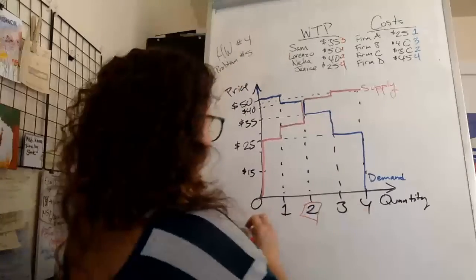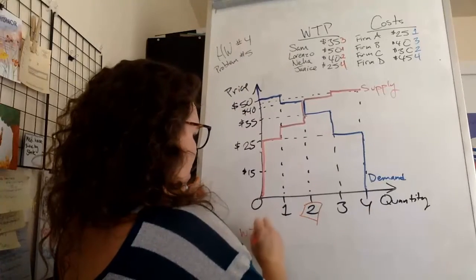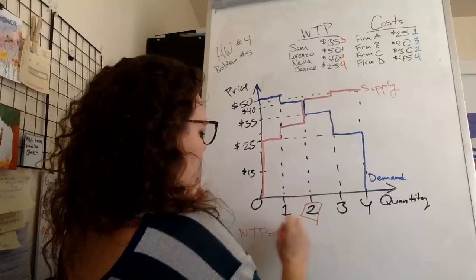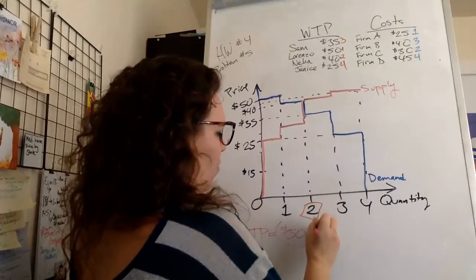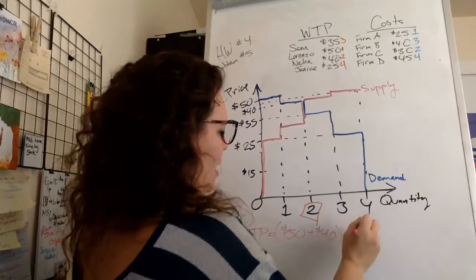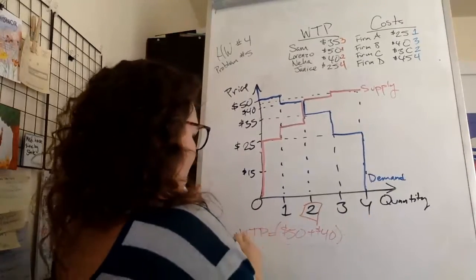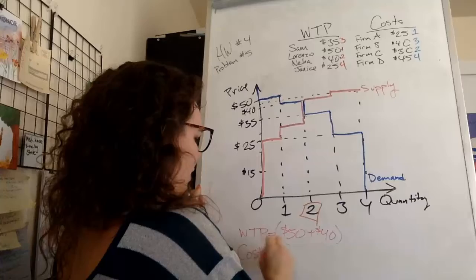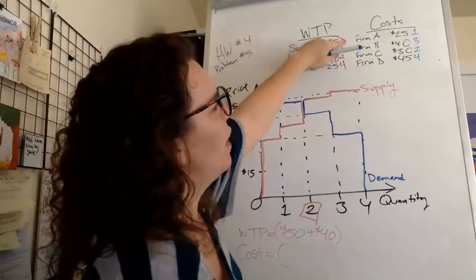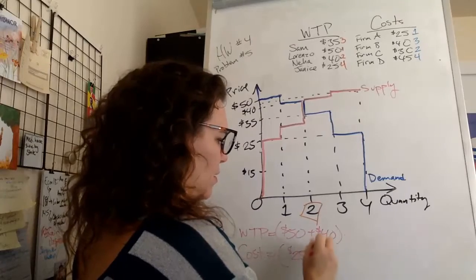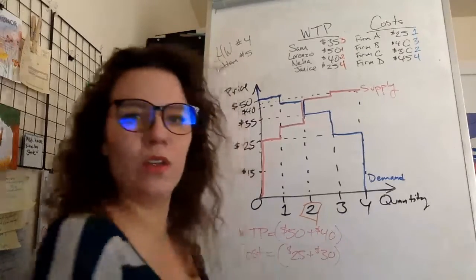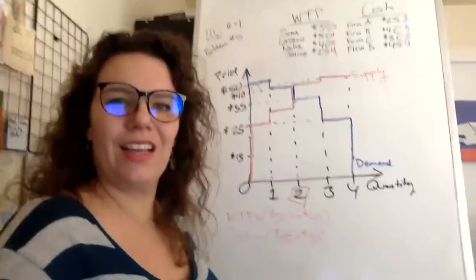Lorenzo has a willingness to pay $50. Neha has a willingness to pay of $40, and they're going to have to pay for those haircuts $25 and $30. So that's kind of illegible.